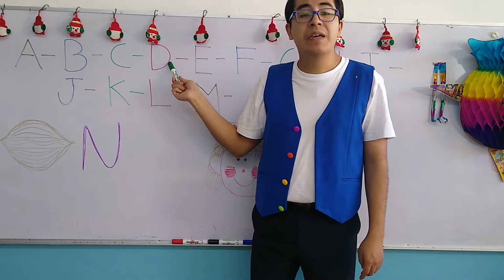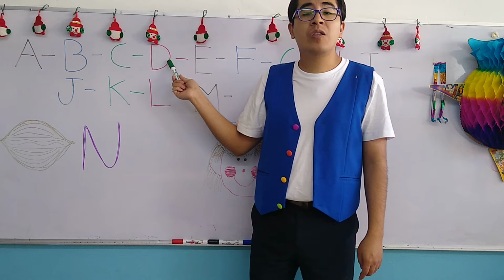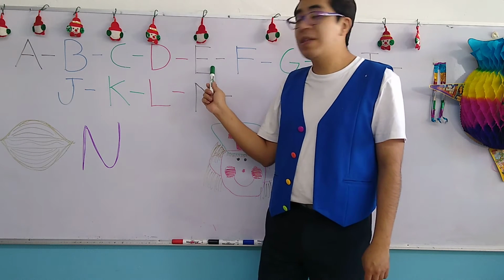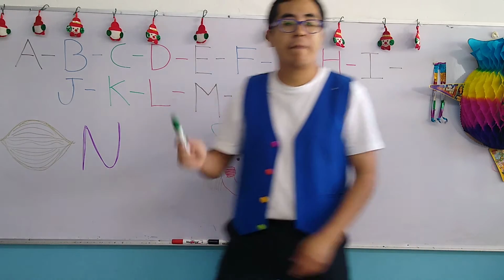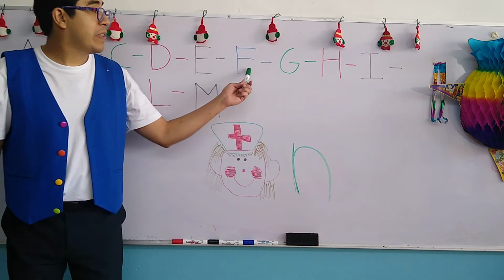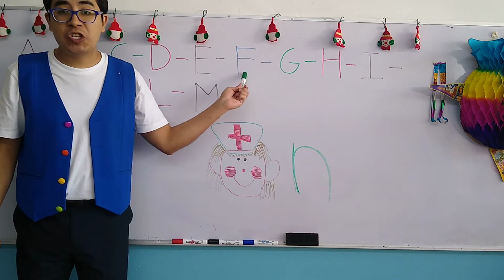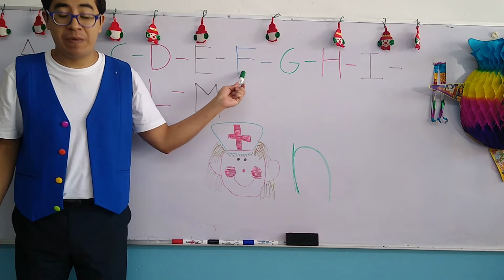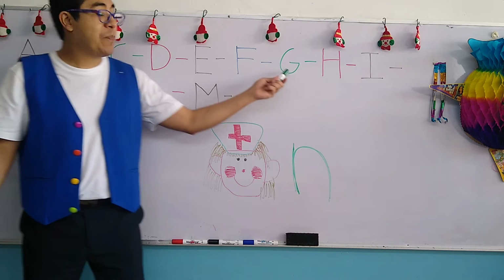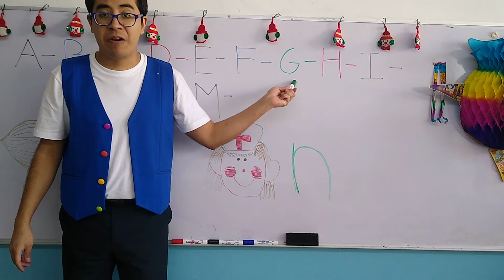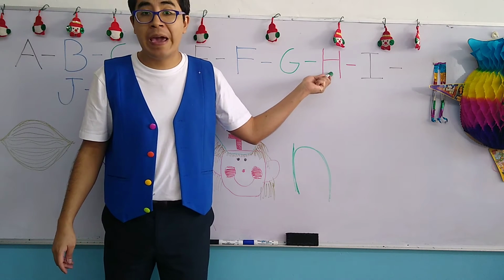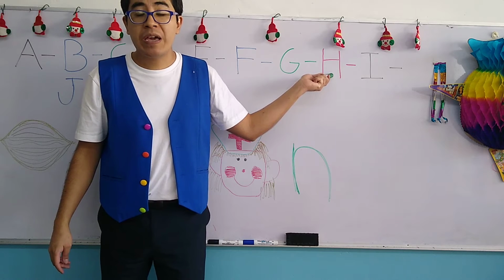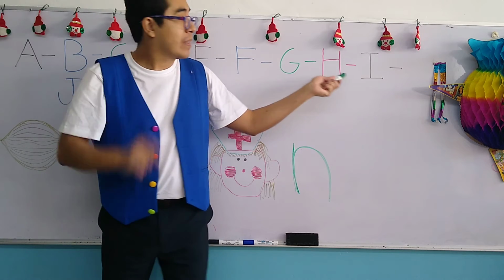Capital D, doll, door. Capital E, elephant, egg. Capital F, fish, fat. Remember the fat person. Capital G, girl, grandmother. Capital H, honey, hand.